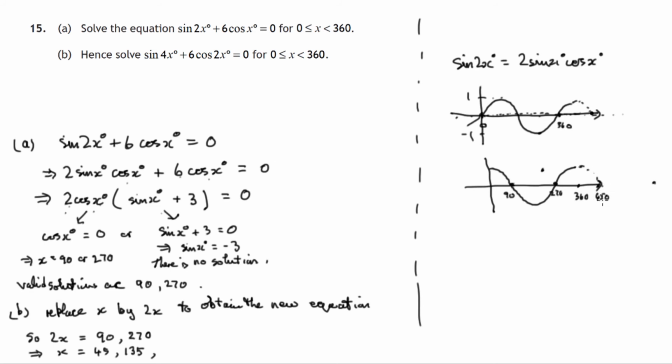If I have 450, then x is still within that range, and there'll be another one away along here, which is 360 added on to this 270. That's 630.